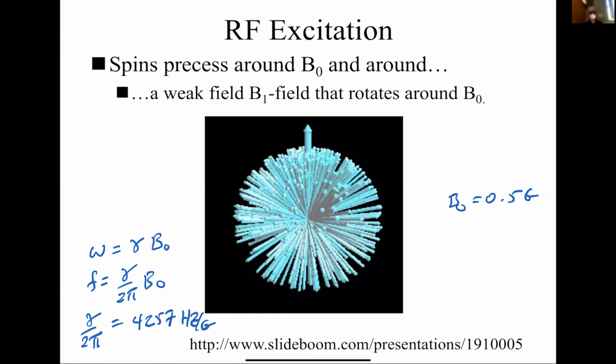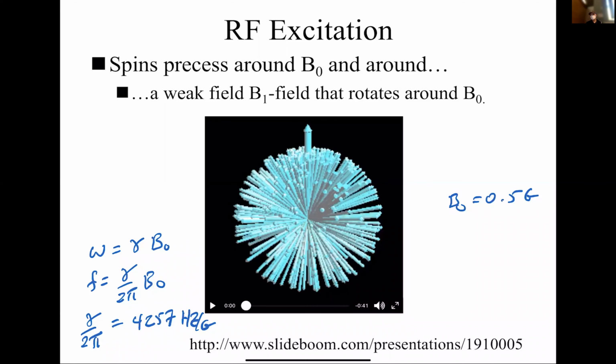So 0.42 Gauss you found. So there you go. If we take 4,000 and multiply by half, that gives you about 2,000. So that means that right now your protons are precessing about 2,000 times per second as you sit here.